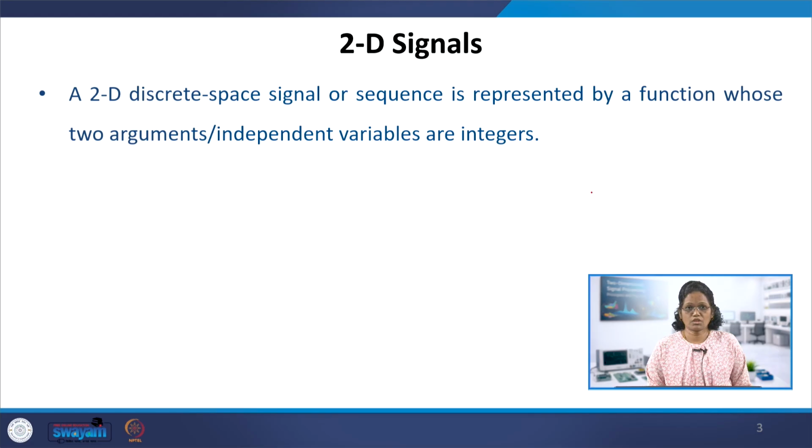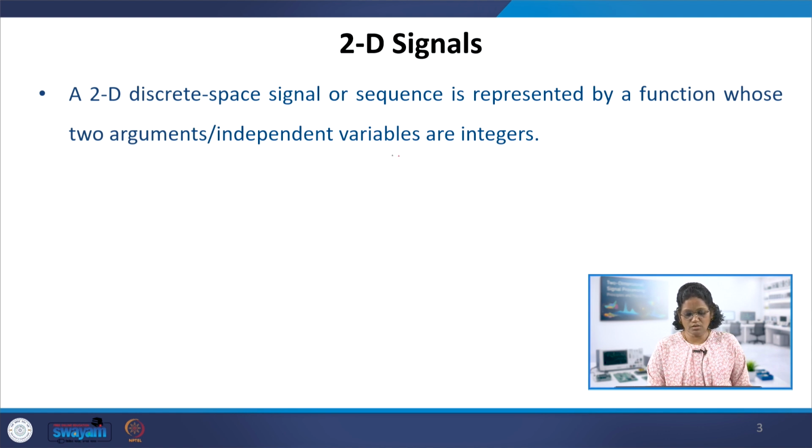This function will have two arguments, or two independent variables, as we defined in the definition of the signal dimension. It is going to be one-dimensional if it depends on only one independent variable. If the signal has two independent variables, then it is going to be a 2D signal.